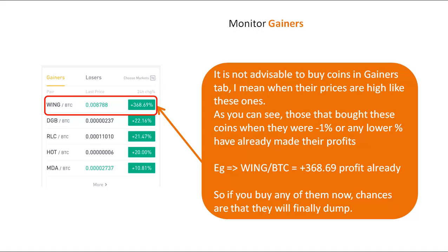So if you buy any of them now, chances are that they will finally dump. Whenever a coin goes high and is already in the gainers tab, you can expect it to fall anytime soon. So it's not advisable to buy them unless you do your technical analysis very well.